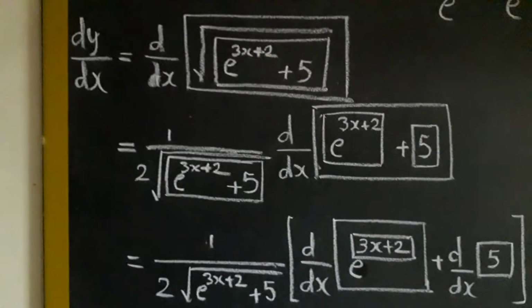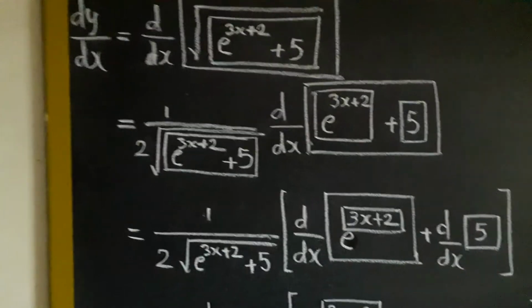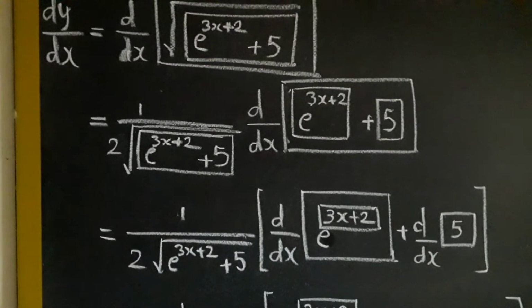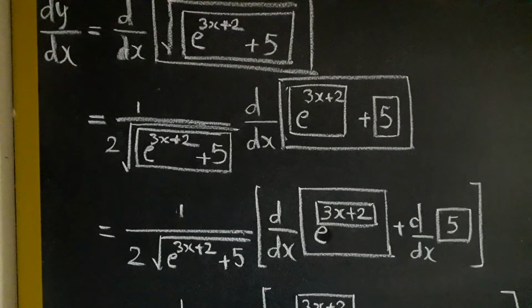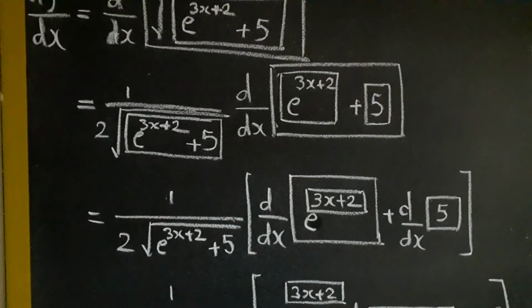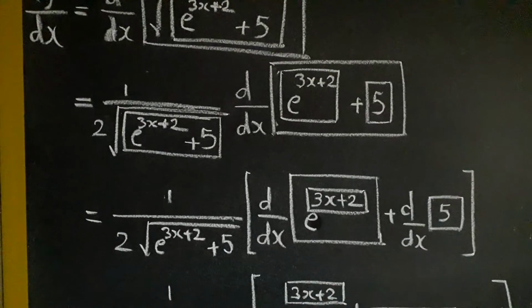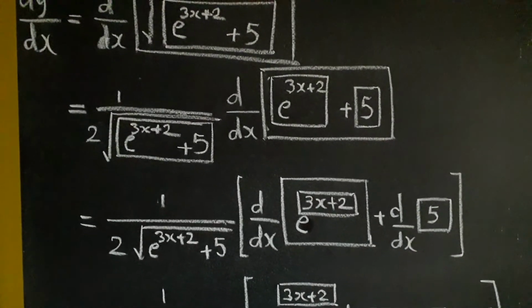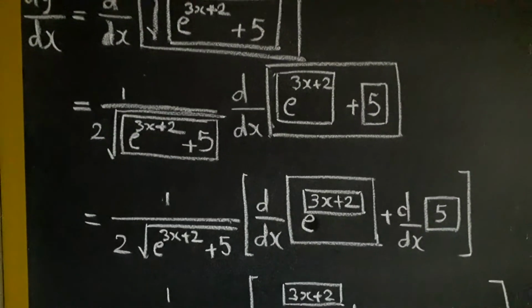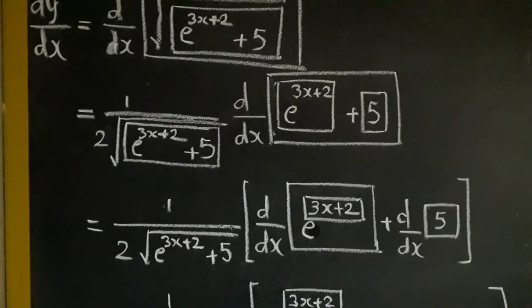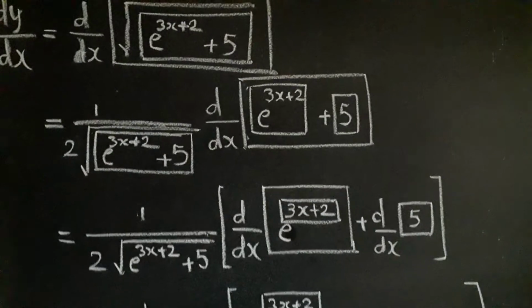So in the next step we have written 1 upon 2 times the square root of the inner box, which is e raised to 3x plus 2 plus 5, multiplied by the derivative of the first box plus the derivative of the other box.